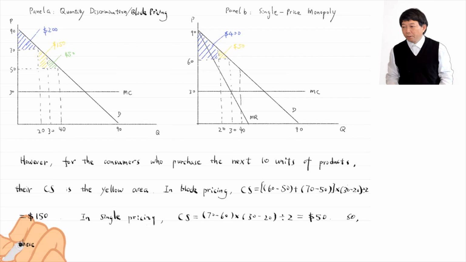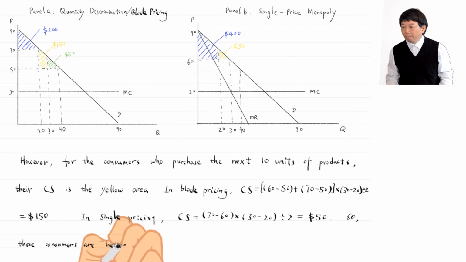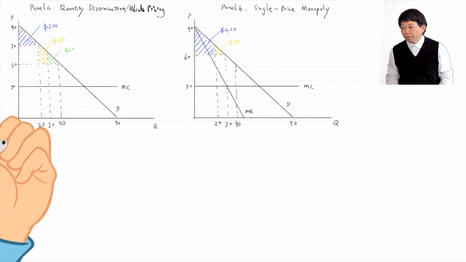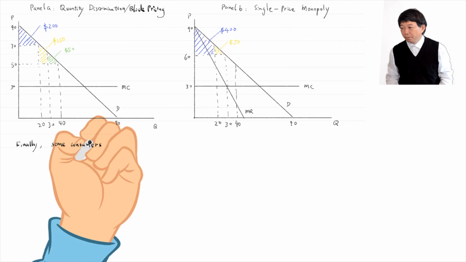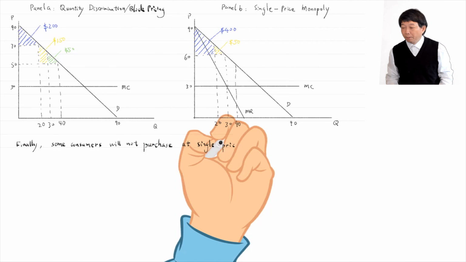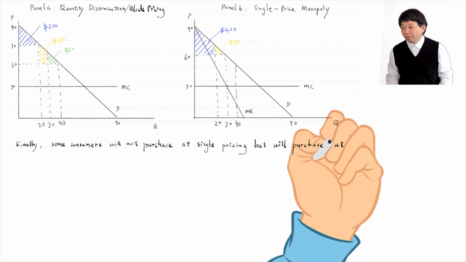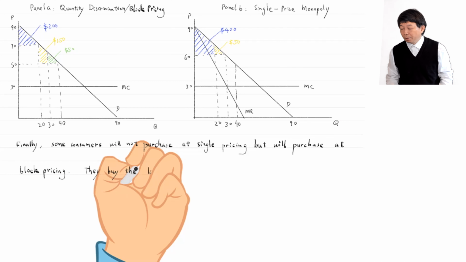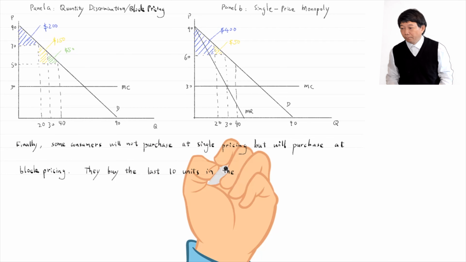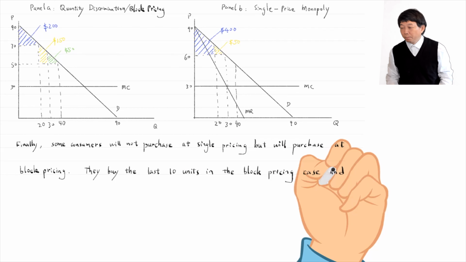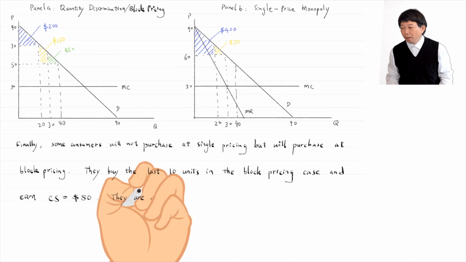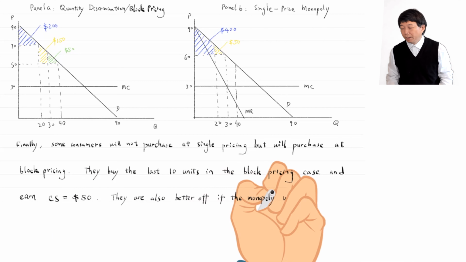So, these consumers are better off if the monopoly uses block pricing. Finally, some consumers will not purchase at single pricing, but will purchase at block pricing. They buy the last 10 units in the block pricing case and earn $50 of consumer surplus. They are also better off if the monopoly uses block pricing.